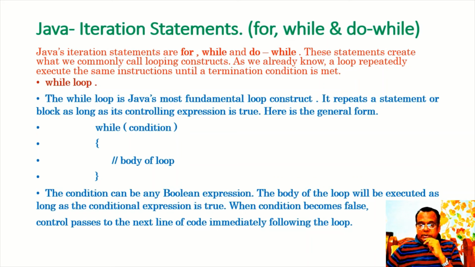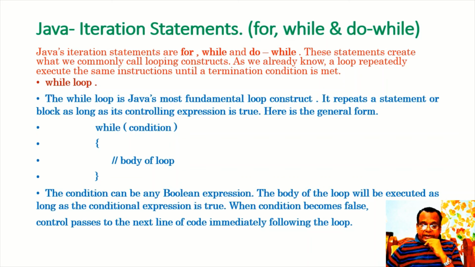As long as its controlling expression is true. Full stop. Here is the general form. Look, while in bracket condition. Next line, open the brace, then body of the loop. After that, the closing brace.